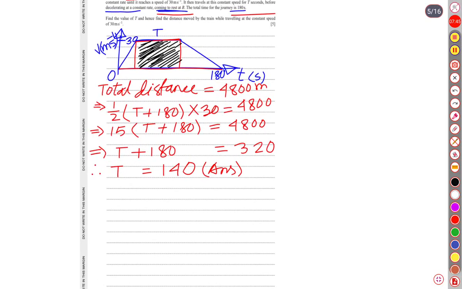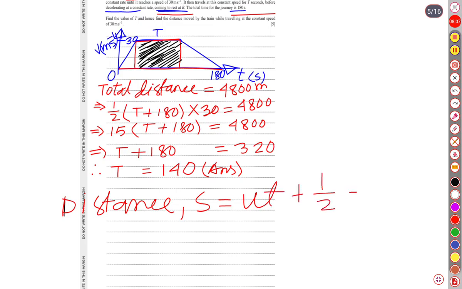So distance S is equal to ut plus half at square.